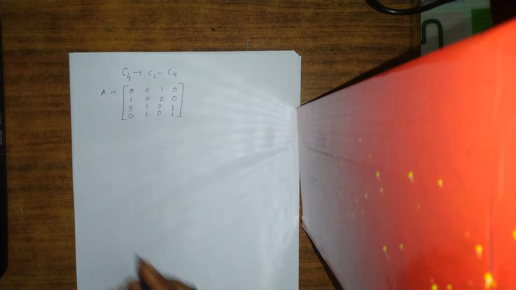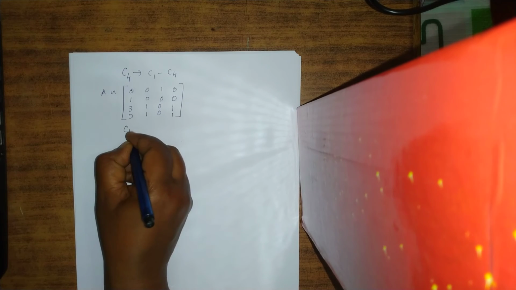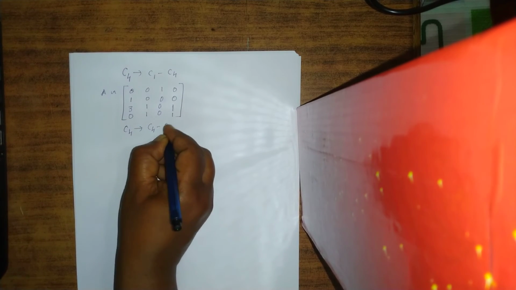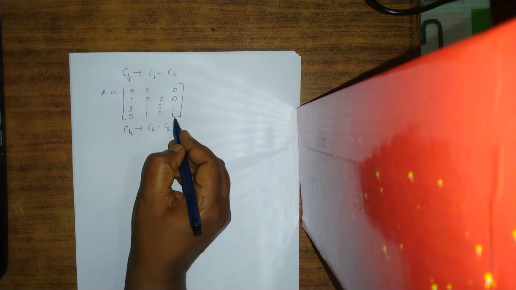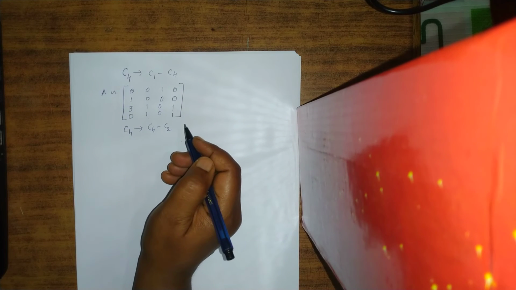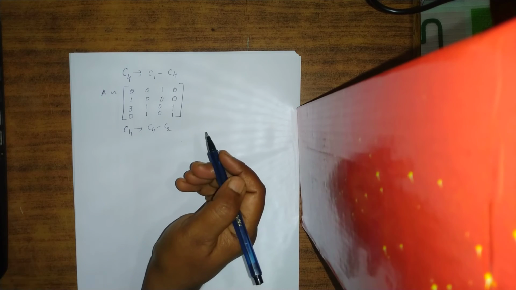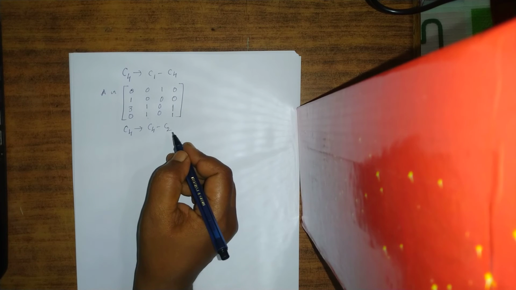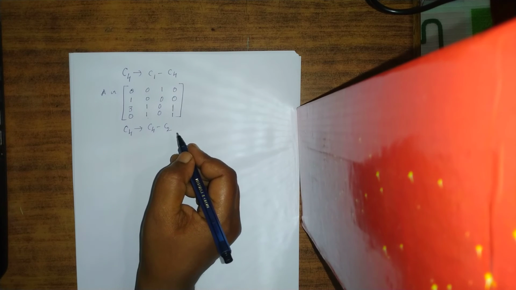So now again what we are doing is C4 minus C2. Since both the elements are the same, we are going to subtract and make them zeros. Possible. Let us do it. So what are we going to get now? C4 is C4 minus C2.